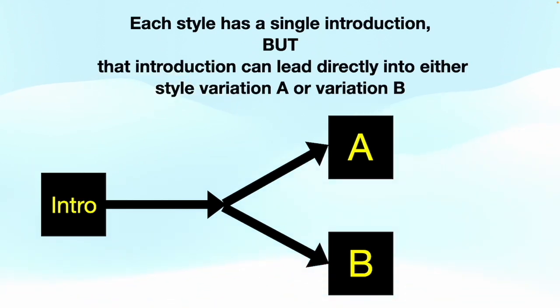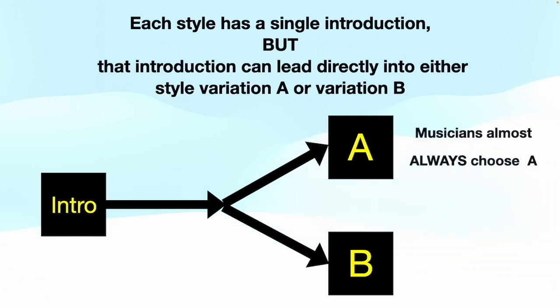And I'm going to suggest that most musicians in the world will always choose A. And why is that? Because in a song, we want to start off maybe slow and quiet and simple, and then build the excitement as the song goes along.